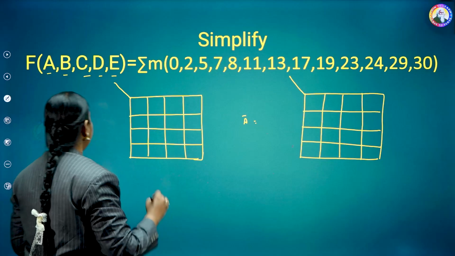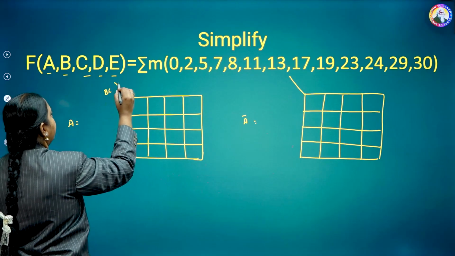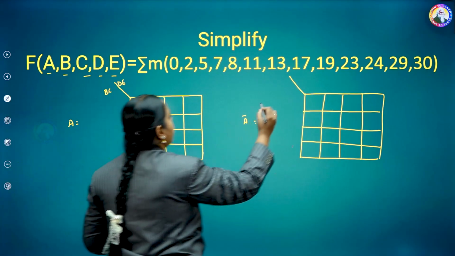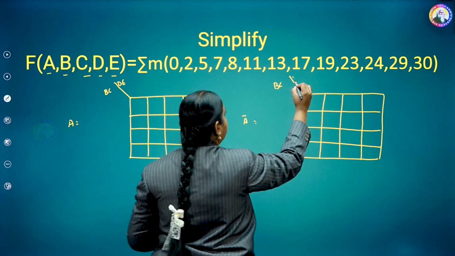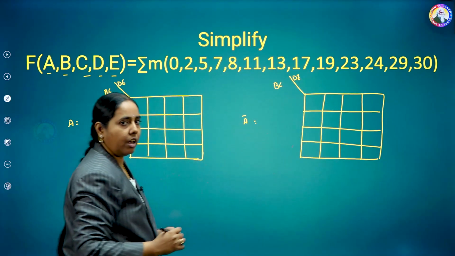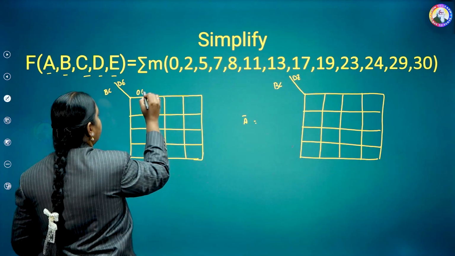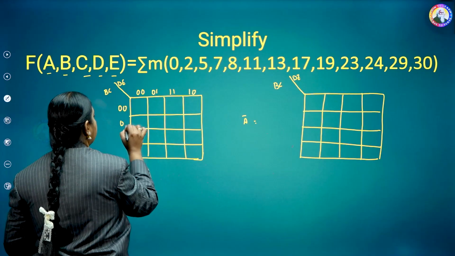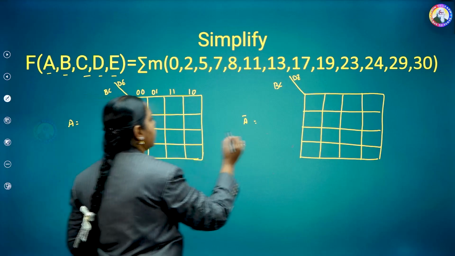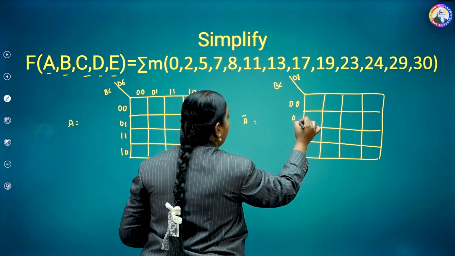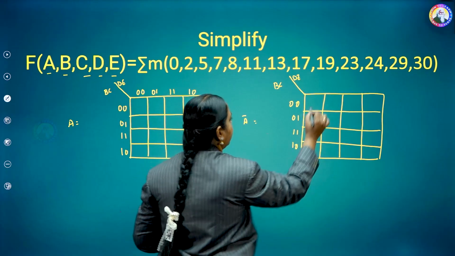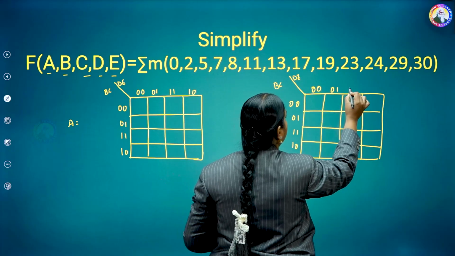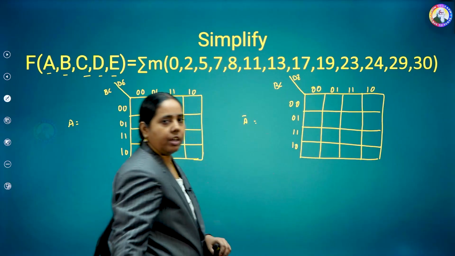Here I will write B, C, D. Here also B, C, D. Here 00 as usual, since it is a 4 variable K-map, I will represent like this: 00, 01, 11, 10, and 00, 01, 11, 10.